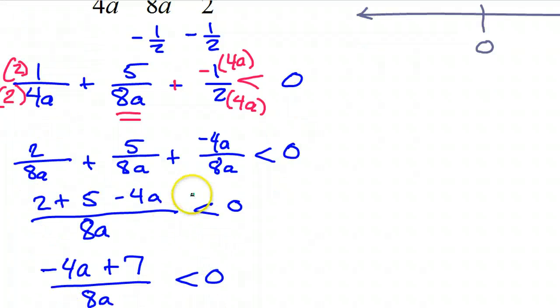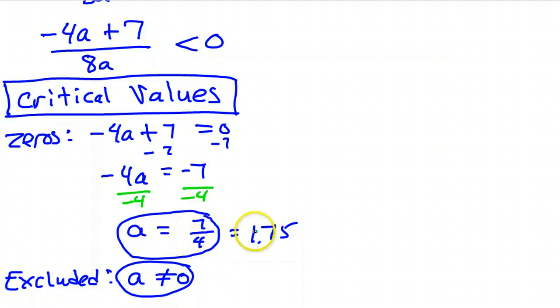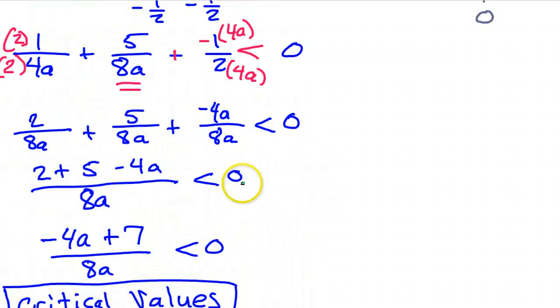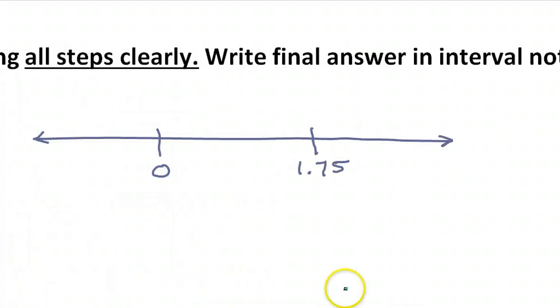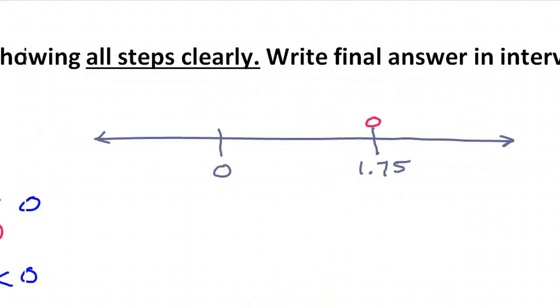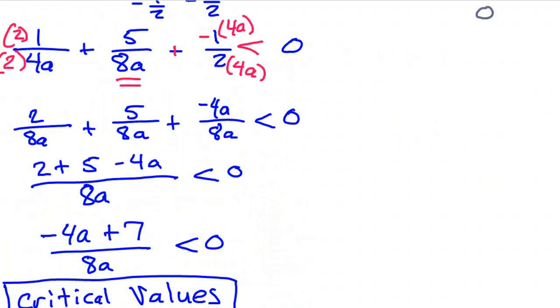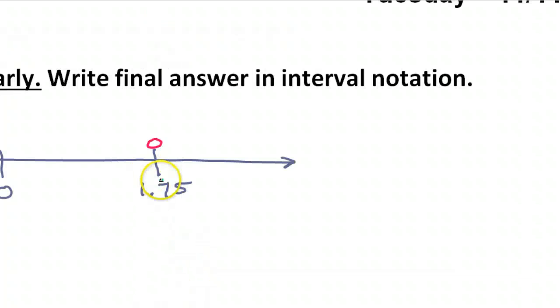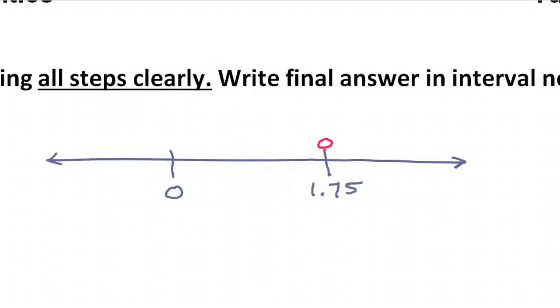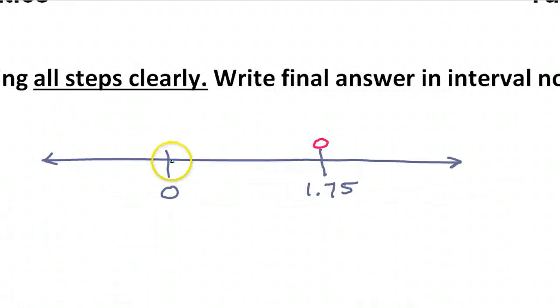At 1.75 the function equals 0, but we don't want to include that in the solution set, so we're going to leave that as an open circle, because we don't want what equals 0, we only want what is less than 0. So we're going to leave out values that give us equal to 0, like 1.75. Anyway, of course, the excluded value of 0, excluded values will always be open circles.